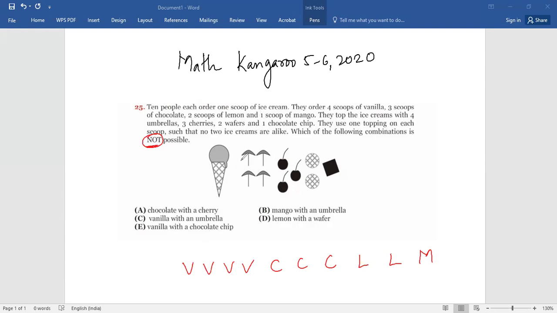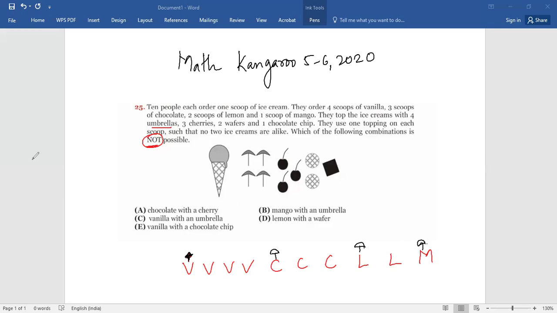Okay, so we have 4 umbrellas. So what I'll do is I'll put one umbrella here. Let me use a different color. So they put one umbrella here, one umbrella here, one umbrella here, and one umbrella here. So all these 4 umbrellas have been placed on different flavored scoops.